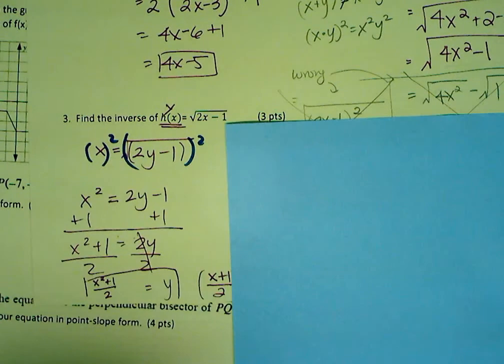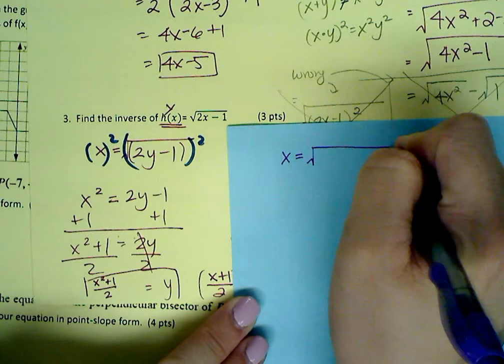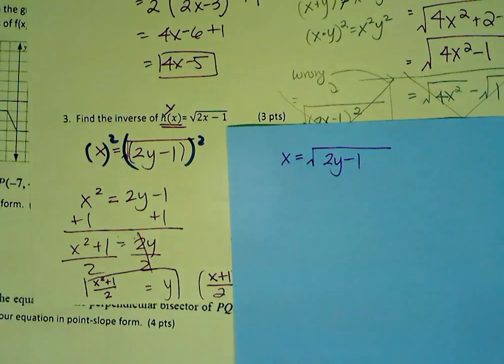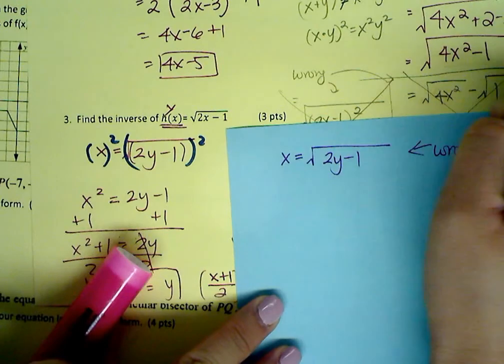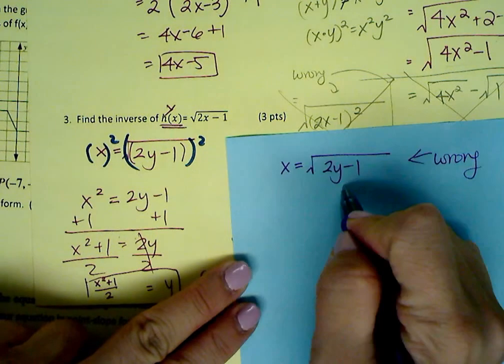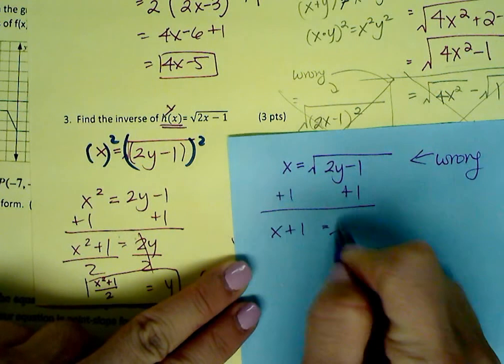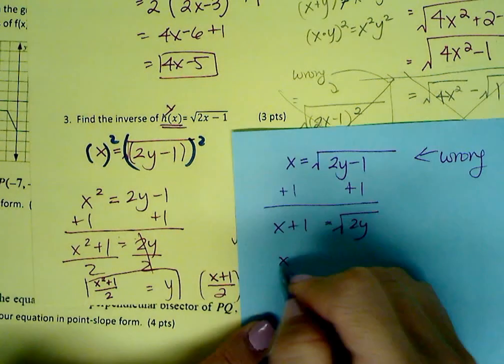Okay? What people did was they said, oh, right? I see that. And then they did the same thing over and over. Okay, but what was the biggest illegal move here?